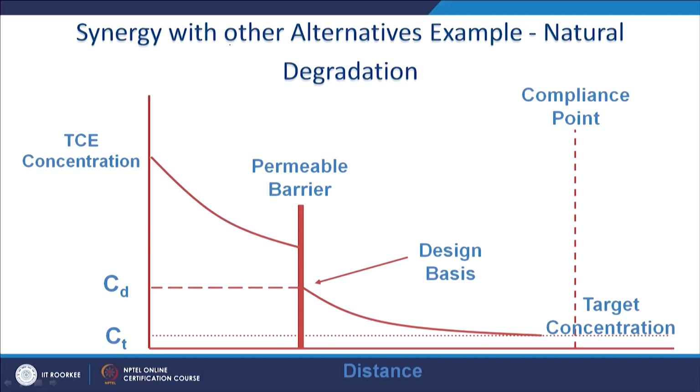So moving on, the key aspect is that as I mentioned earlier, it can be used in conjunction with other alternatives now, right. So here let us say we have a particular graph. Here we have the plume traveling with distance, this is distance on the x axis, and on the y axis I have trichloroethylene, TCE, at this particular concentration.